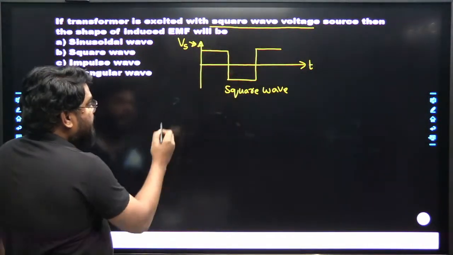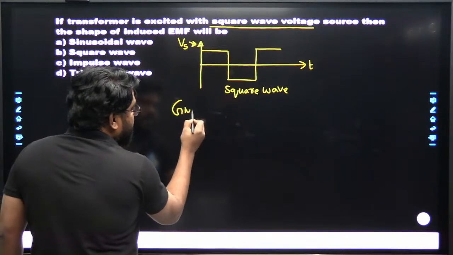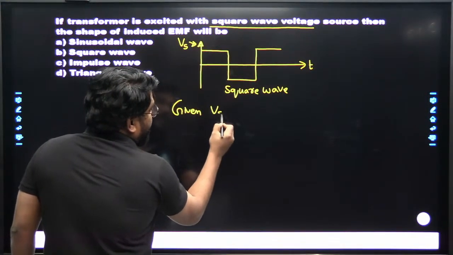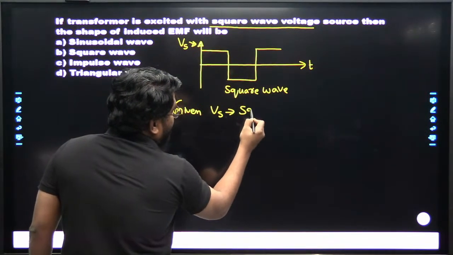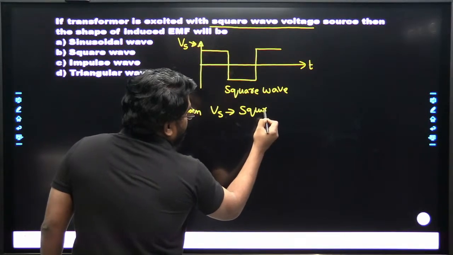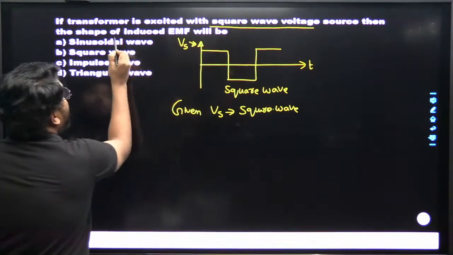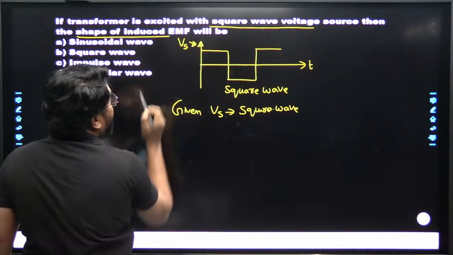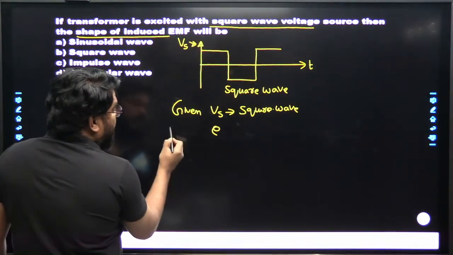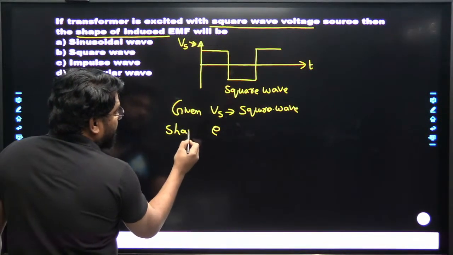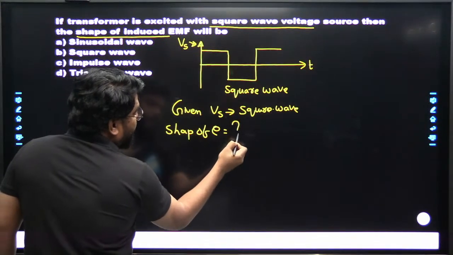Given that Vs is the square wave, we require the shape of the induced EMF. So we have to find out the shape of the induced EMF here.